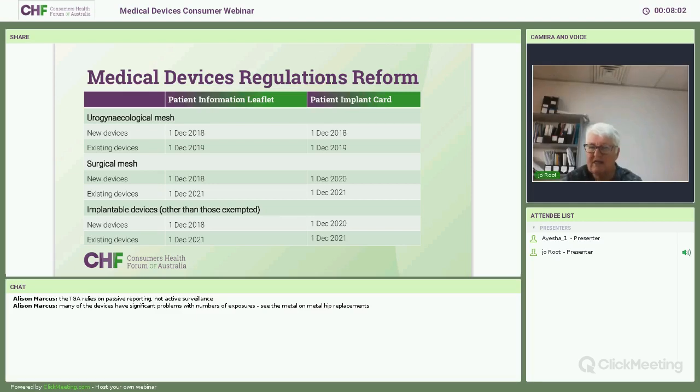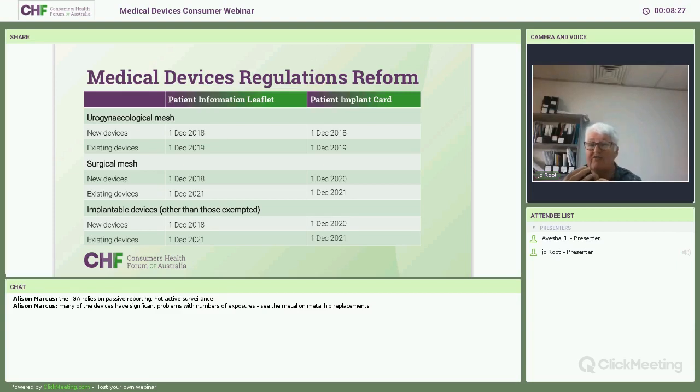We've recently had the Senate inquiry into the use of transvaginal mesh, and one of the disturbing findings from that inquiry, from the lived experience of women who had been injured by transvaginal mesh, is that many of them had no idea what they'd had implanted in them.